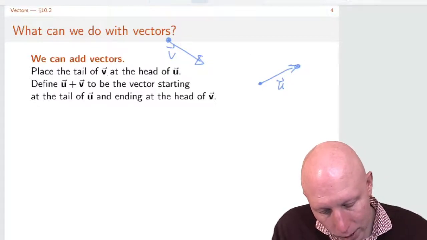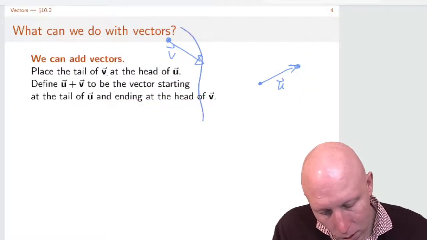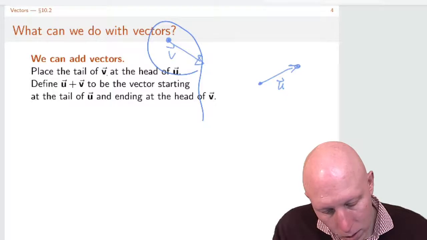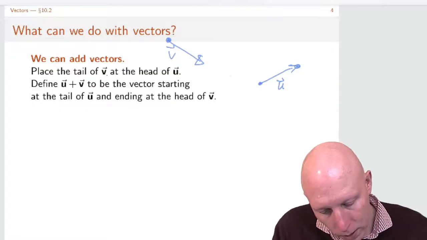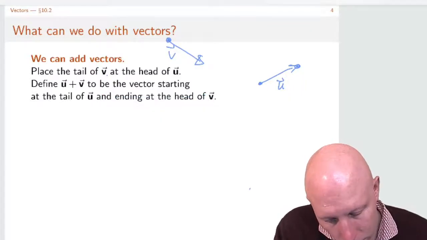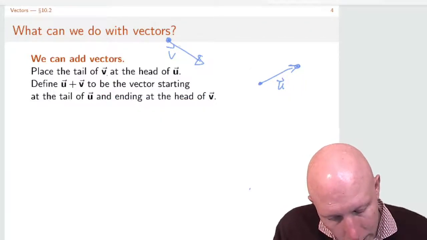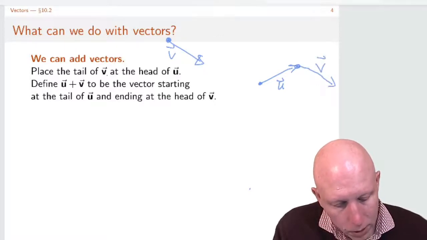Actually, we can do that really nicely here on the tablet. Let's see if this works. No, it doesn't. It wants to do the whole thing. That's all right. We're going to take the whole vector v, and we're going to bring it down here. This is the vector v, right?